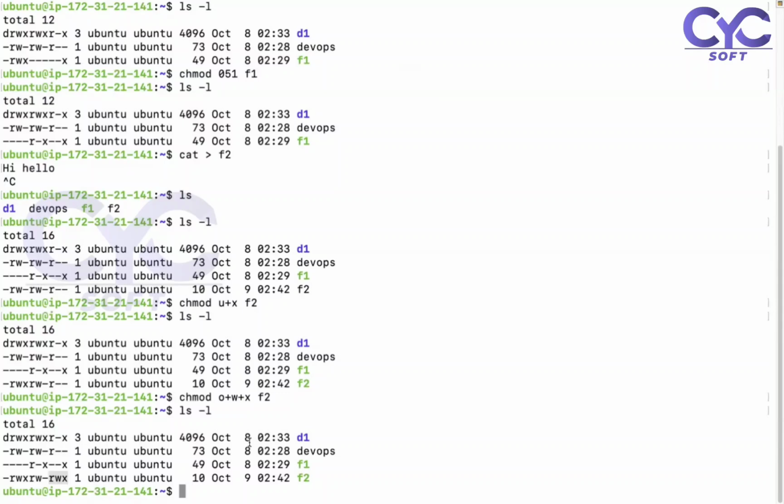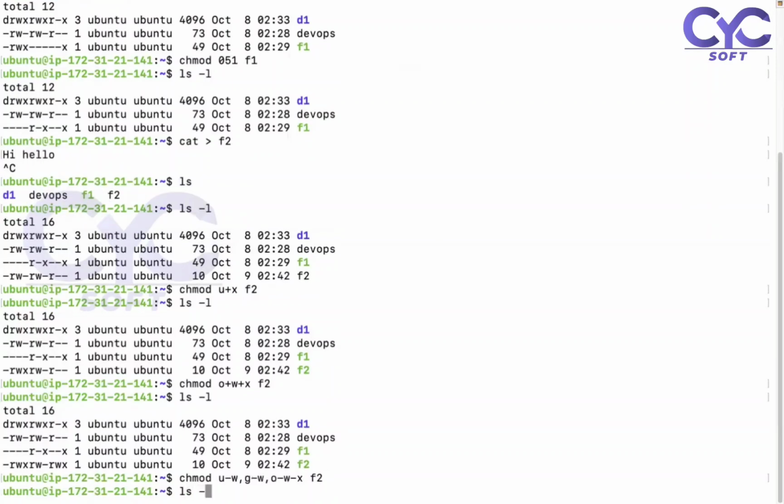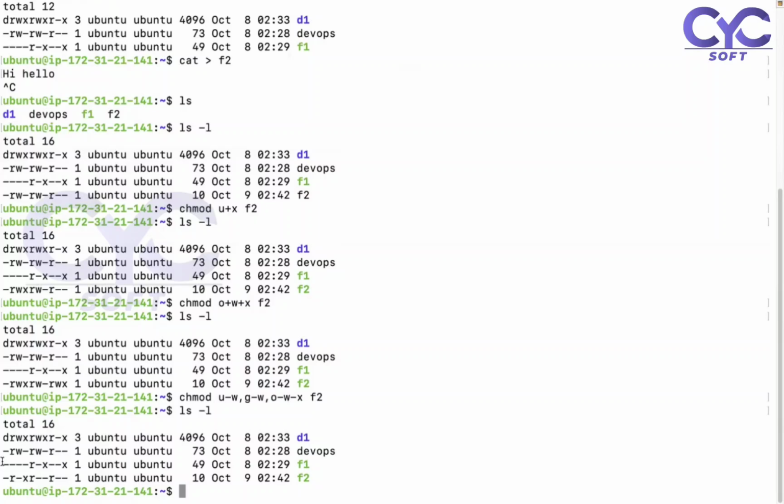I'd use chmod u-w, g-w, o-w-x F2. If I go with ls -l, see here, it was removed successfully.